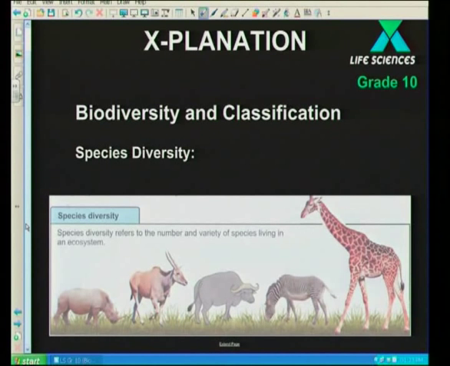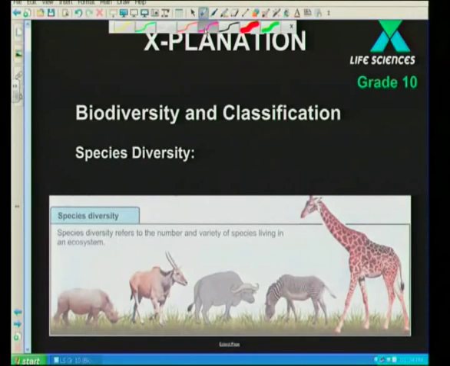We now look at some of the illustrations to show you species diversity, looking at the different species of herbivores. We're going to also look at different pictures to show you genetic diversity as well as ecosystem diversity.